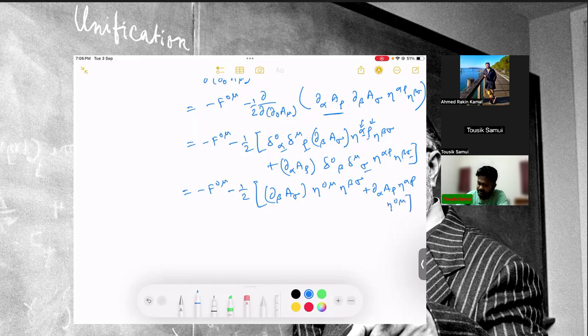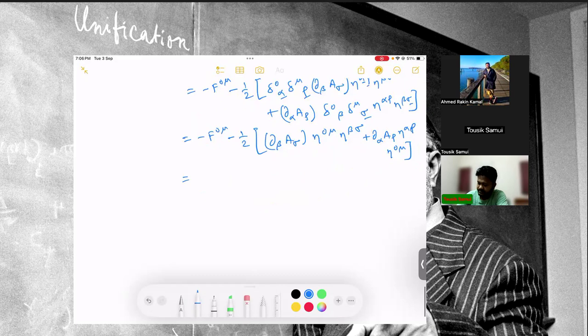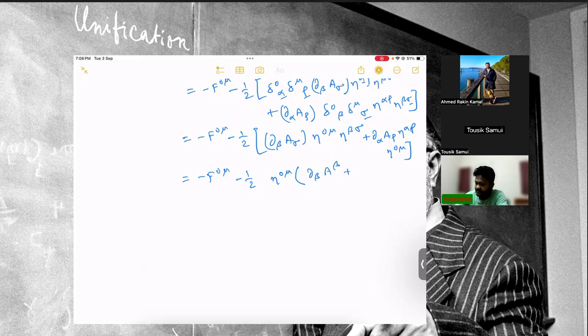Now it will be half, and η^{0μ} will be common to both, and then it will be ∂_β A^β plus the other term ∂_α A^α.